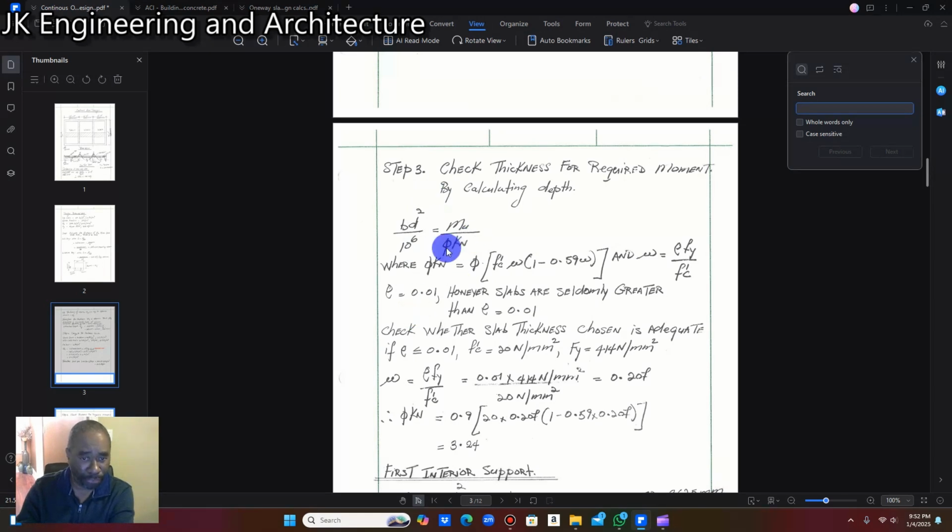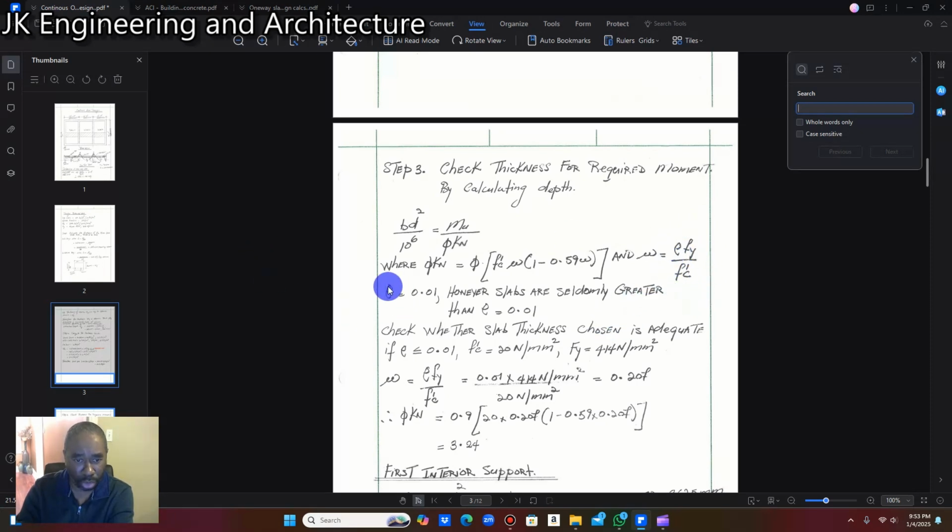So Rn now, we do not know what Rn is. Alright, so we're going to use this formula to calculate Rn. So the formula is going to be phi, open parentheses, the compressive strength of concrete times w, open bracket, 1 minus 0.59 w, close bracket, close parentheses, and where w is going to be rho times the yield stress of steel divided by the compressive stress of concrete.